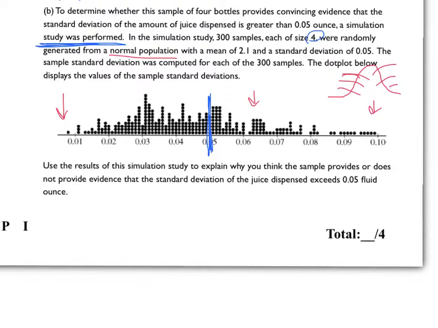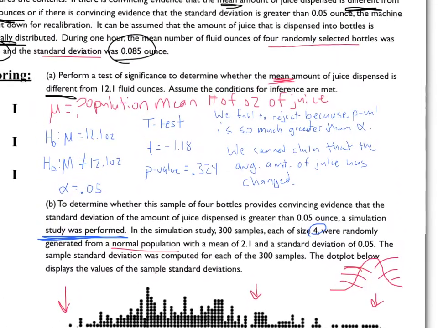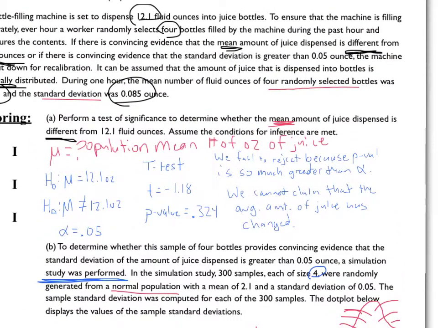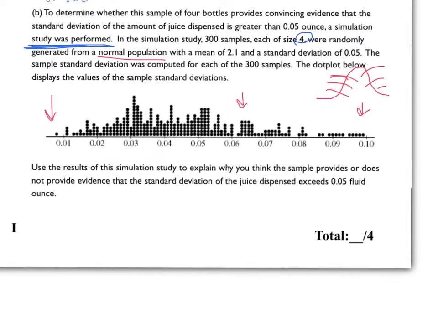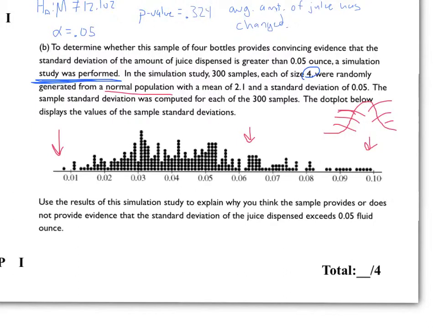And we want to see if there's evidence to say that it exceeds that. But more importantly, we want to look at the value that we actually got. So more important than that right there, we'll just erase that, is going back up and looking at our sample data, which is 0.085. And let's see where 0.085 falls. Somewhere around here.